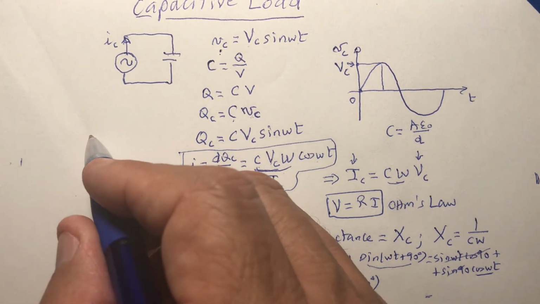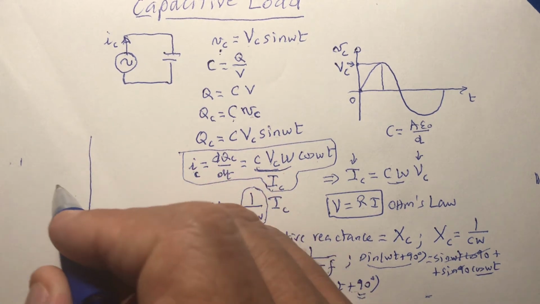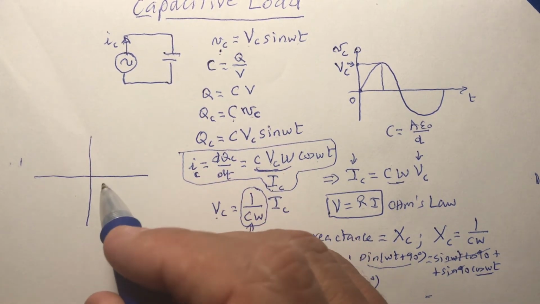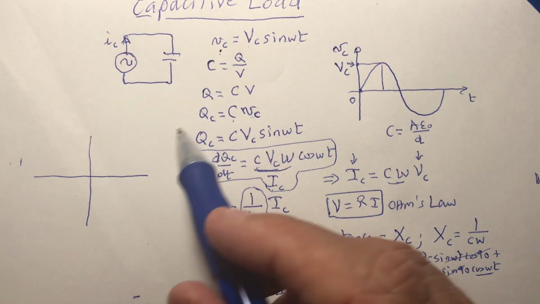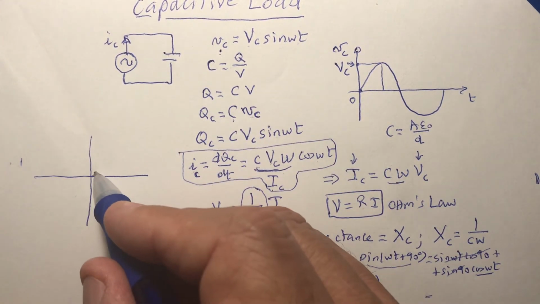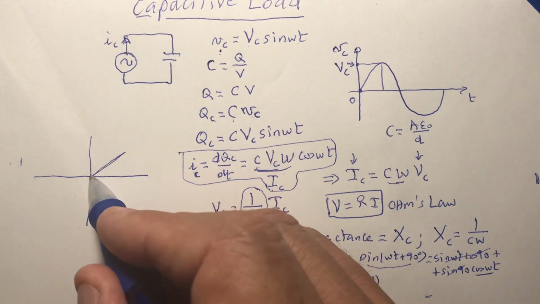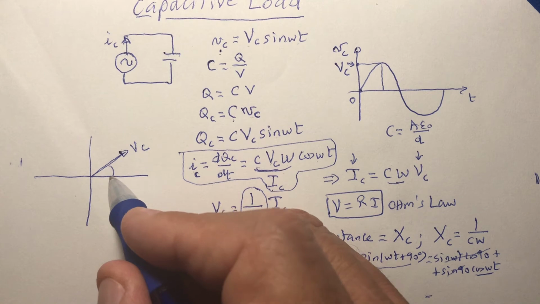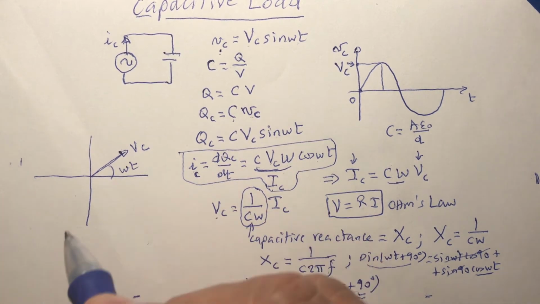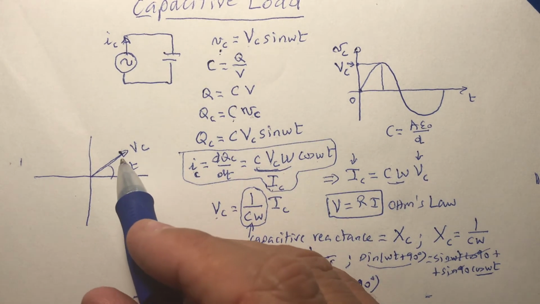So I go up here, and then I draw the phasors. Let's draw the phasor for VC. So the VC, the voltage, this is the voltage here. I put here VC, and then here, this is omega t. This is the angle theta, omega t.